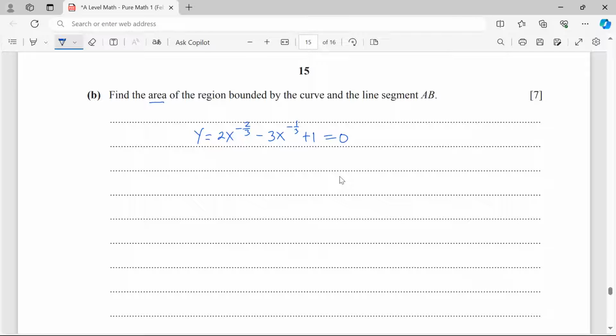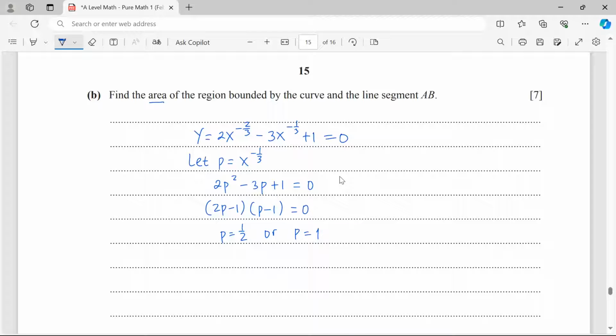Let p equal x to the power of negative 1/3. So our equation becomes 2p squared minus 3p plus 1 equals 0. This can be factorized as 2p minus 1 times p minus 1 equals 0. So we get p equals 1 over 2 or p equals 1.